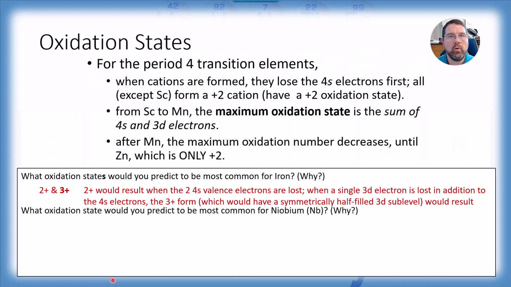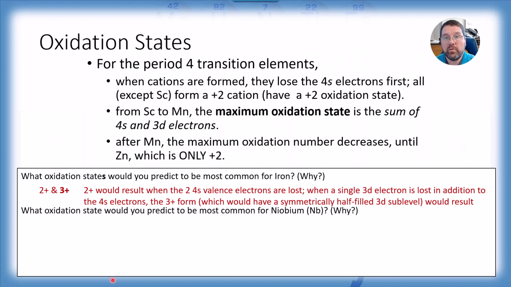All right, think about niobium. We don't typically talk about niobium a whole lot, but what oxidation state would we predict to be the most common for niobium and why? Well, niobium's configuration ends with 5s2, 4d3. So we might expect +2 because it's going to lose the 5s electrons, but then those d electrons, d3 is no special configuration there.